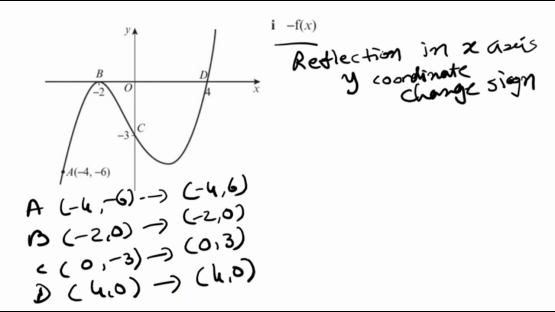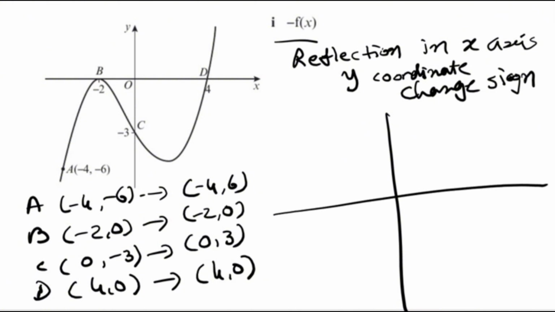So now sketch the graph, x-axis and y-axis, right? Put the point which is minus 4, 6. So this is your minus 4 and your 6 is here. So this is your point A. Point B is minus 2, 0, so this is our point B. Point C is 0, 3, so that will be somewhere here, which is your point C. And point D is 4, 0, so your point D is here.